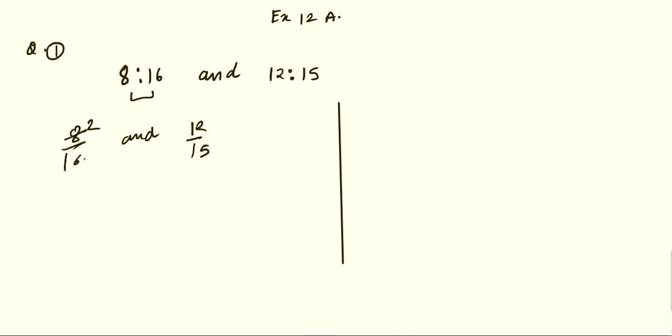So 4 2s are 8 and 4 4s are 16, 3 4s are 12, 3 5s are 15. So we are getting here 2 by 4. Further we can write 2 1s are 2, 2 2s are 4. So it will be like 1 by 2. And from this we are getting 4 by 5. Are they equal? No, they are not equal. That means 8 is to 16 doesn't form a proportion with 12 is to 15.